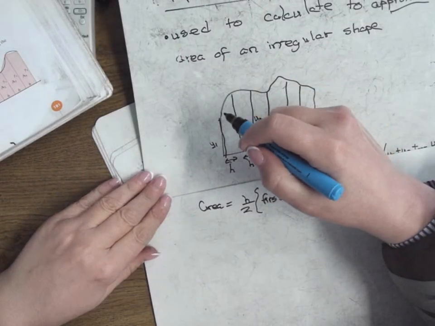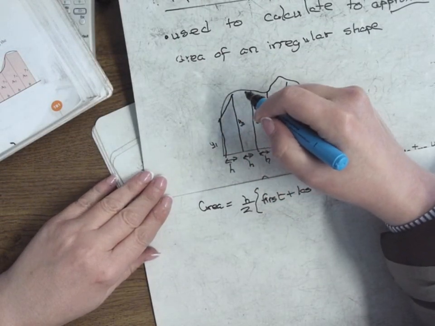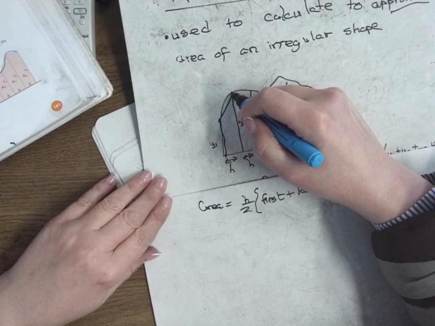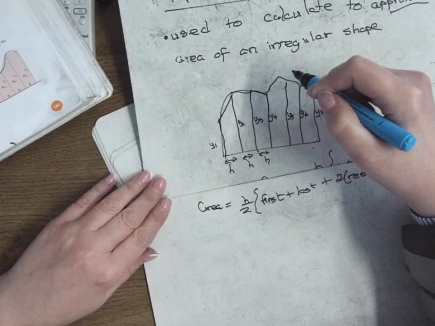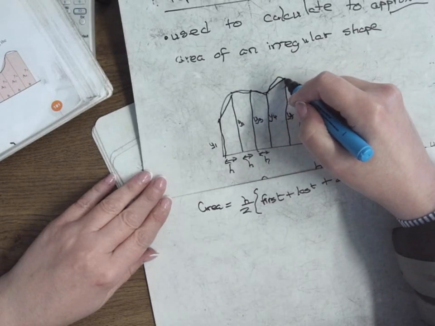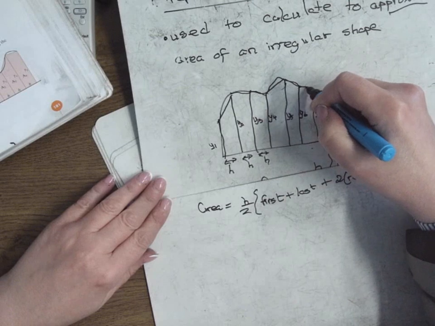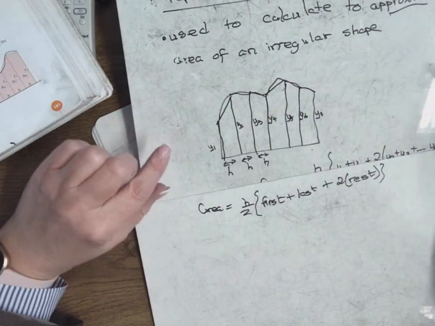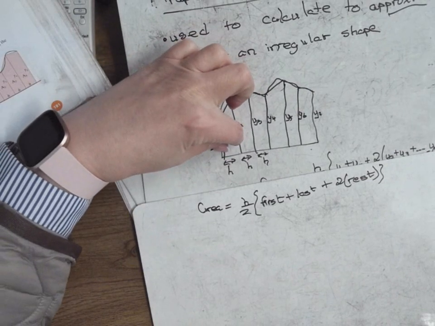What you're doing is getting the area of this trapezium, then the area of this trapezium, then this one, then this one, and then this one. You see this is two parallel lines and the vertical height between them.